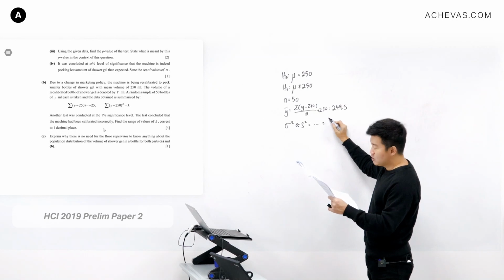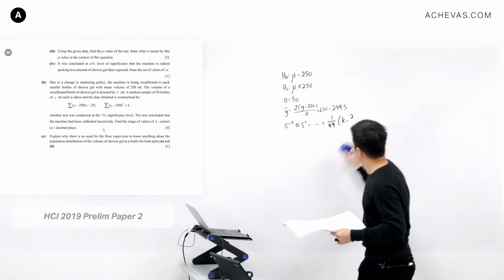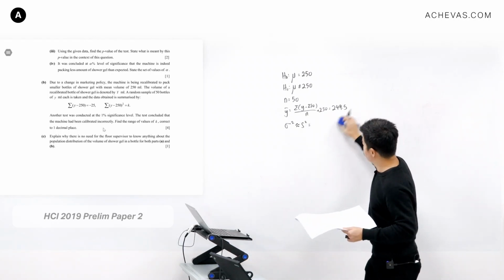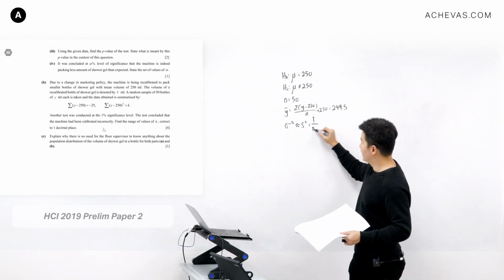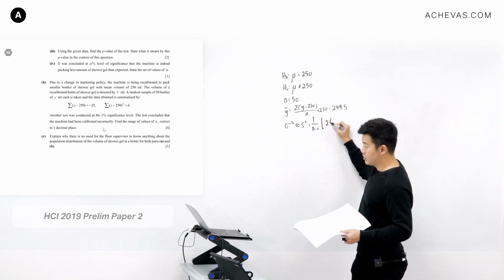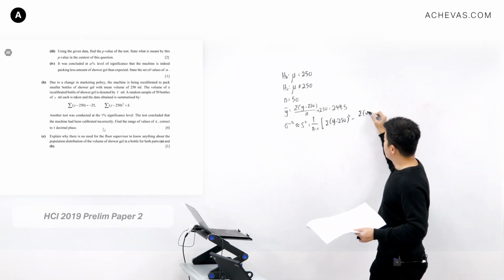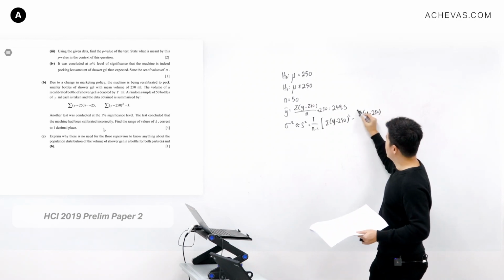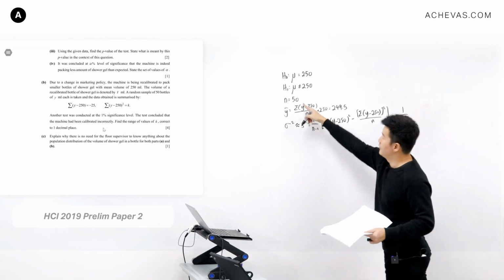And in the end, you're going to be getting this 1 over 49 k minus, okay, I think maybe this I should write because it's not exactly that standard. So this is going to be 1 over n minus 1, then summation of y minus 250 squared, minus summation of y minus 250, the whole thing squared, divided by n. So I have a 1 over 50 minus 1.